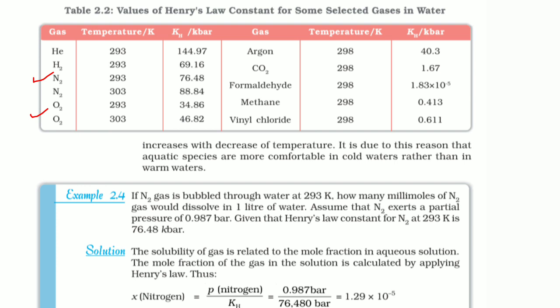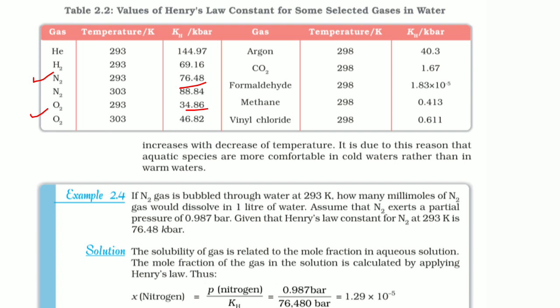If we apply the same pressure small p, and the kh value of the nitrogen is higher than the oxygen, then what is going to happen? The solubility of the nitrogen is going to be less than the solubility of the oxygen. Why? Because you see small p is equal to kh into small x.